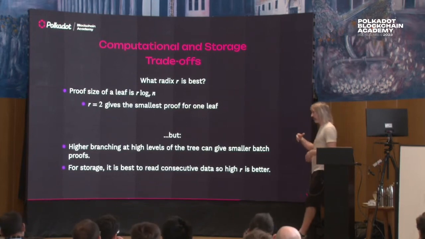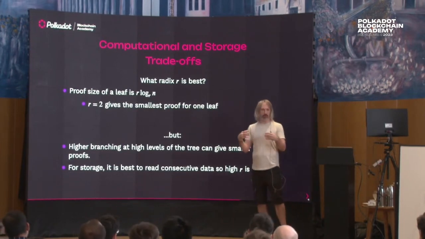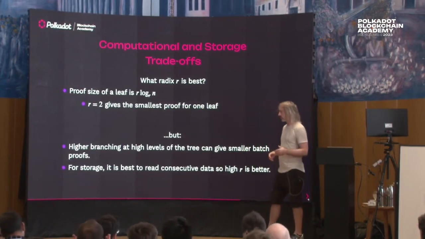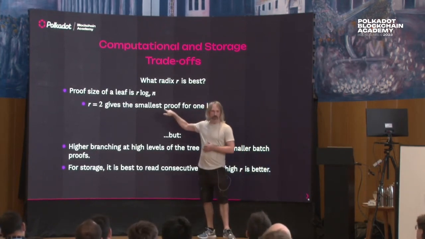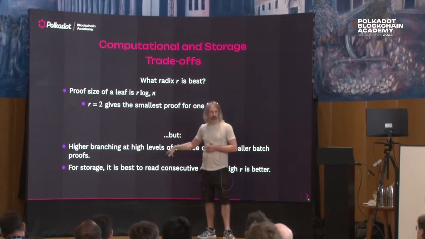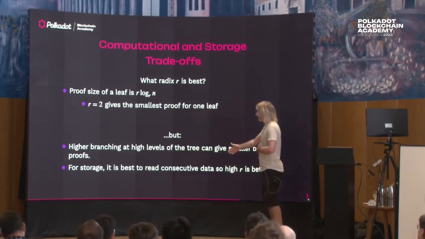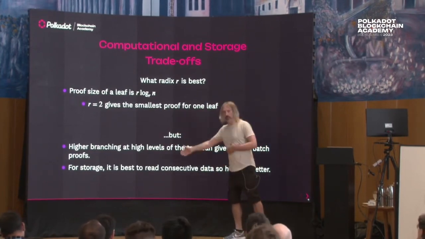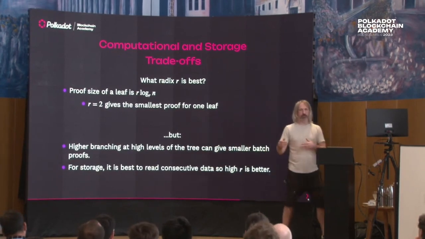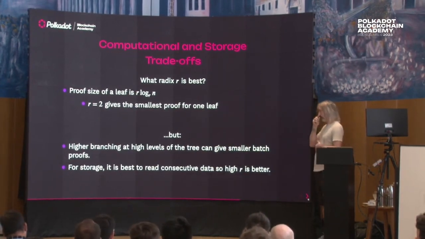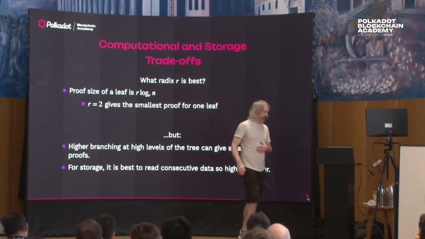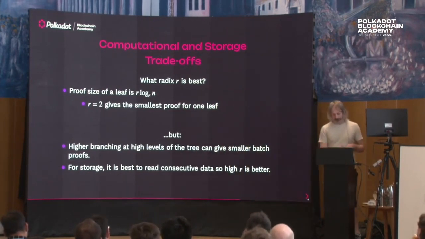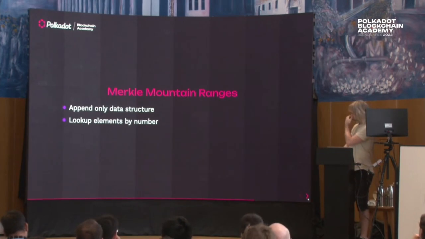Light clients are things that need almost everything proven to them. And therefore, proof size can become increasingly important over strictly performance or proof generation performance. And in that case, we would probably want to reduce this branch factor. Okay, that's Merkle trees.